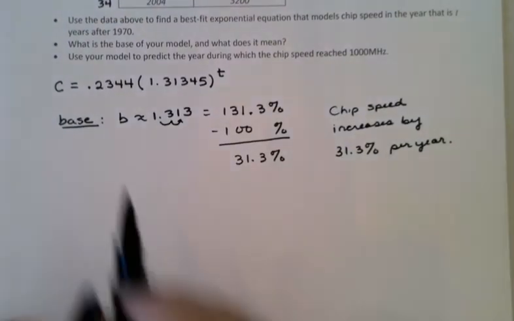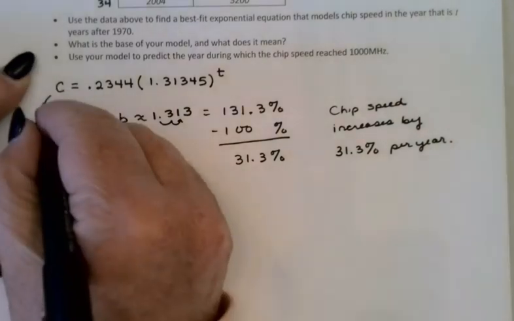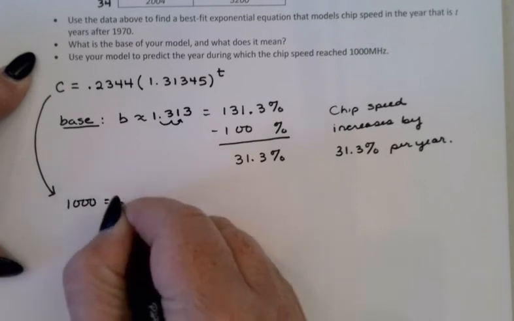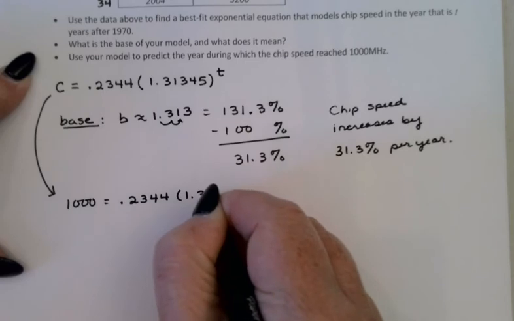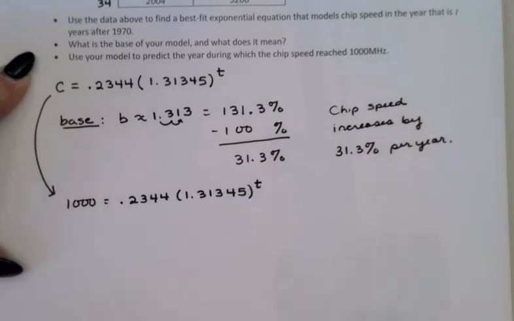All right, finally, use the model to predict the year during which chip speed reached 1,000 megahertz. So I'm told the chip speed is 1,000. We'll put that 1,000 in for C and solve for the t value.